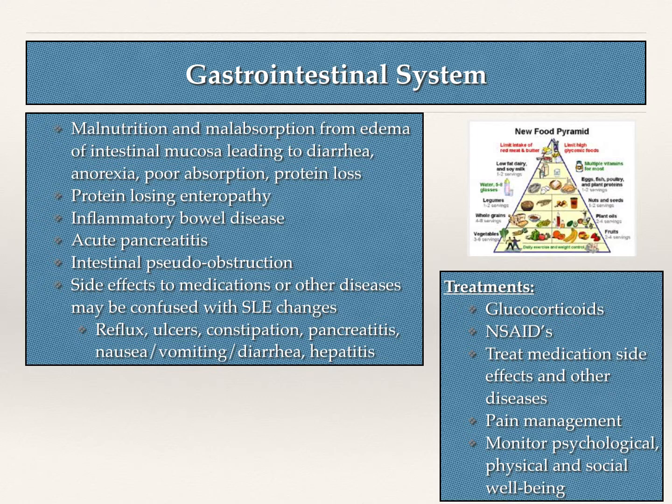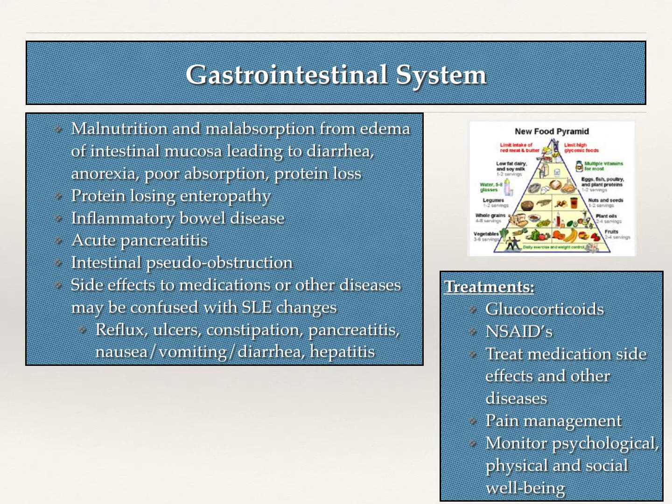Malnutrition and malabsorption can occur from the edema of the intestinal mucosa, leading to diarrhea, anorexia, poor absorption, and protein loss. Also, protein-losing enteropathy and inflammatory bowel disease, acute pancreatitis, and intestinal pseudo-obstruction can occur. And there's a food pyramid just to show what a healthy diet would be for this age group.